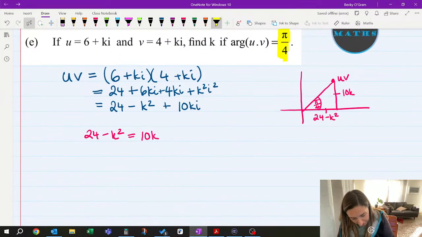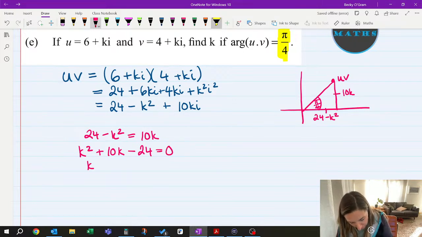Now, turning that into a more regular looking quadratic, just putting it into order and all on the same side of the equal sign, we will end up with this. Now that factorizes quite nicely. We have k minus 2 and k plus 12.